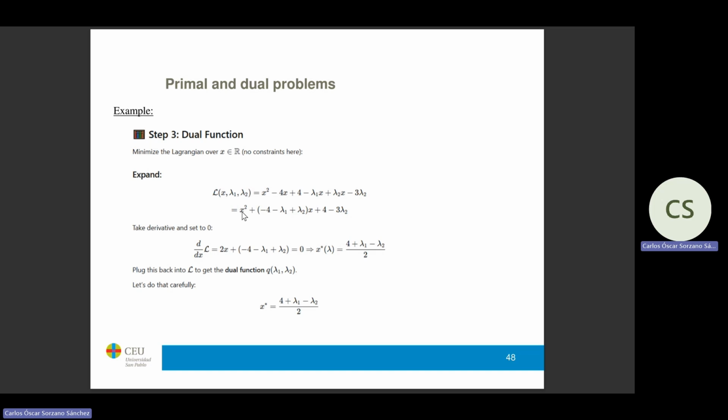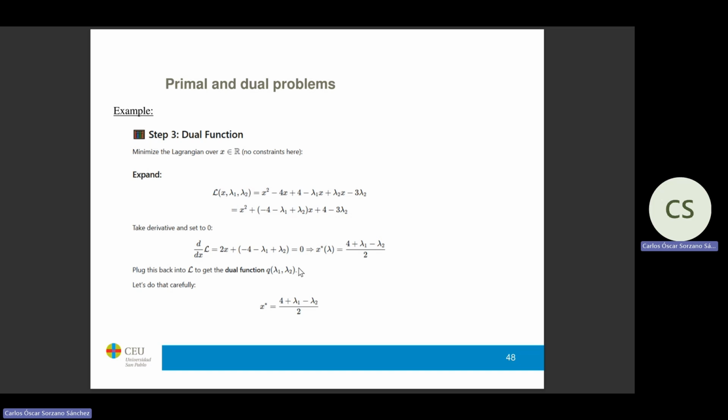We can write it this way: x squared plus some coefficient times x plus some constant. And then we compute the derivative and set it to 0. The derivative of this is 2x, the derivative of this is just the constant in front, and then set to 0. So the optimum value of x for the Lagrangian given lambda 1, lambda 2 is this one.